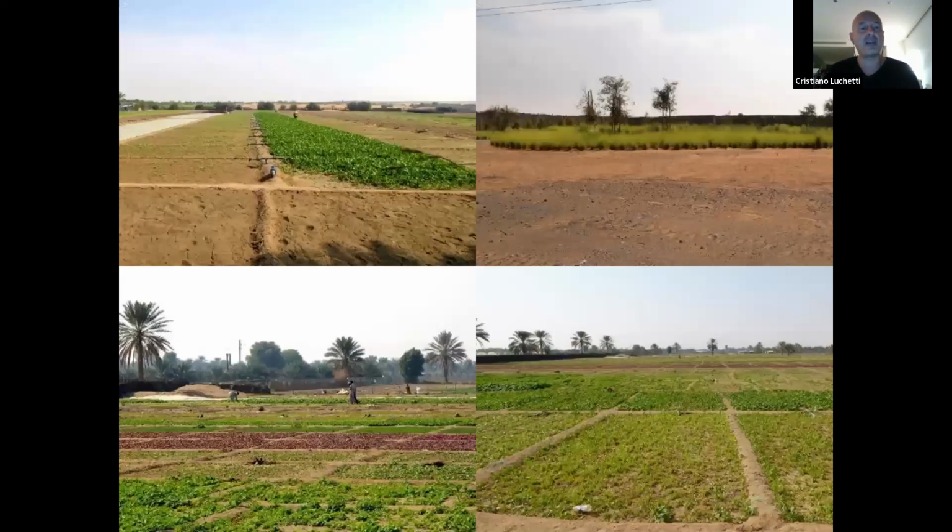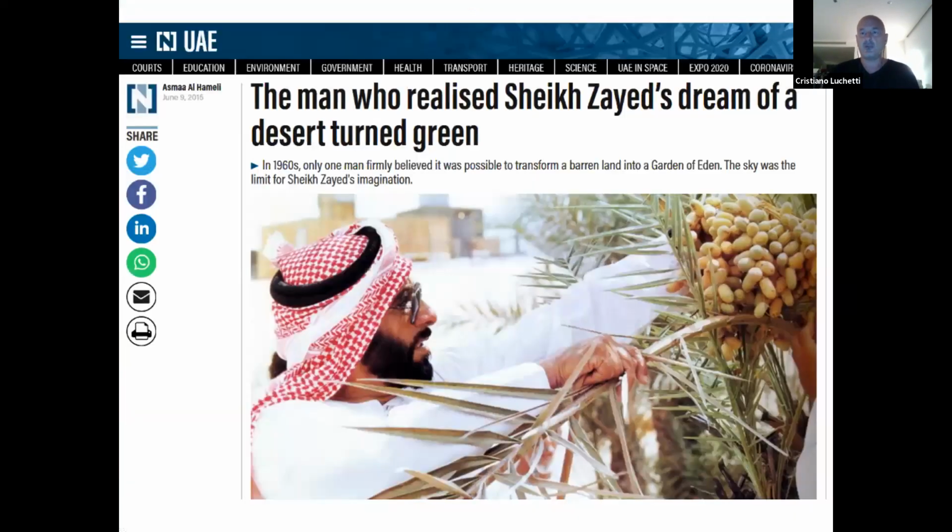Going back to Margam, we see how the image of this part of the desert is very different and somehow unexpected, because there was an idea also in the past, and one of the, let's call it an obsession of Sheikh Zayed, the so-called father of Dubai, to turn the desert green, into agricultural land.